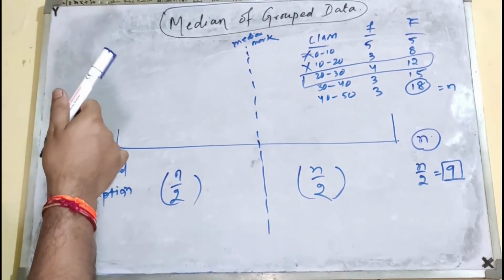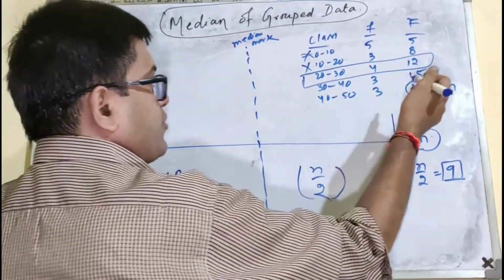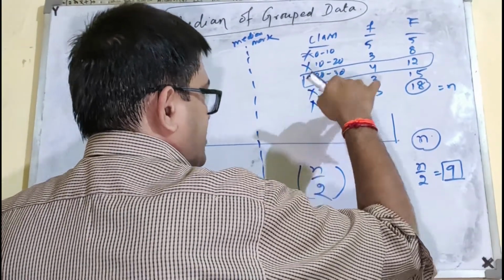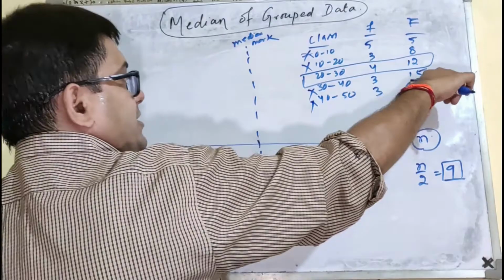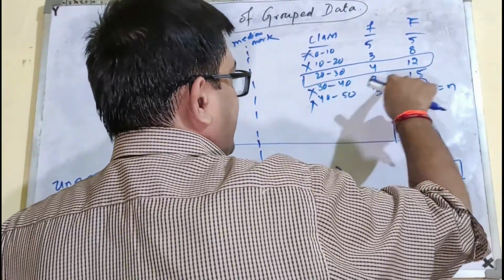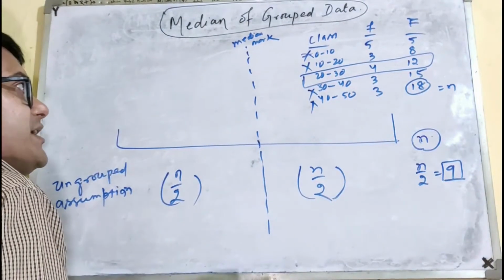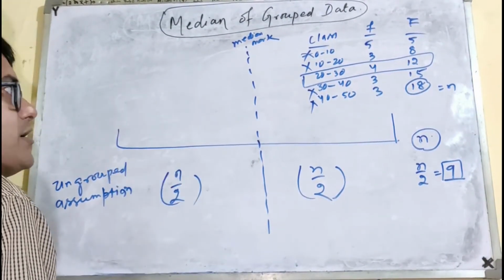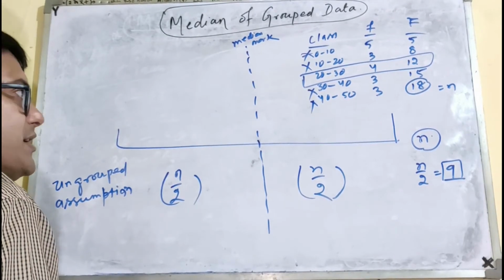Now, going forward, there are the two other classes. The 15th one would, of course, if the class 30 to 40 has the cumulative frequency 15, that means the maximum ordinal number that can be assigned to it is 15.